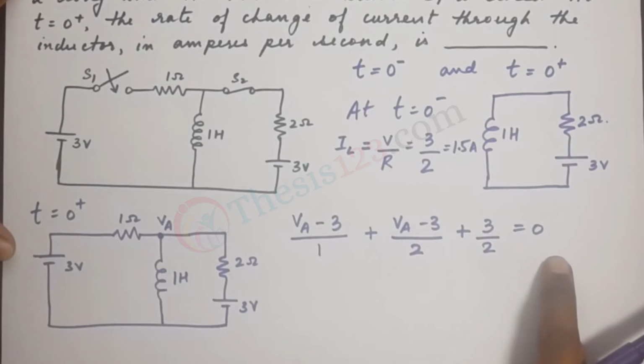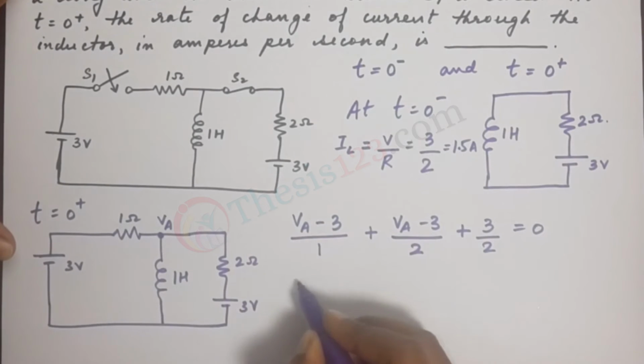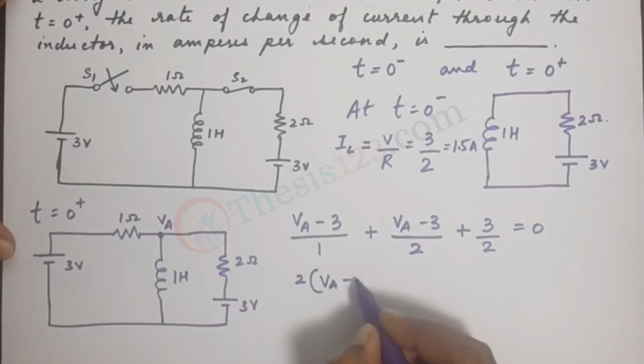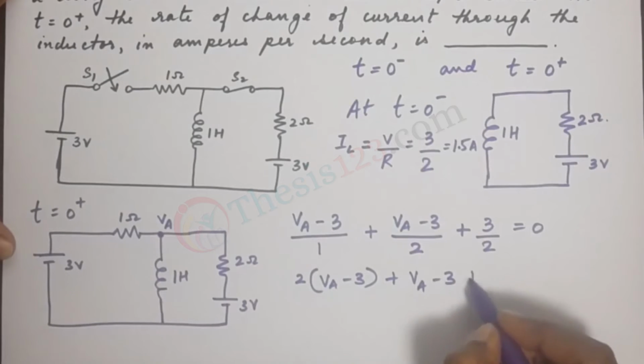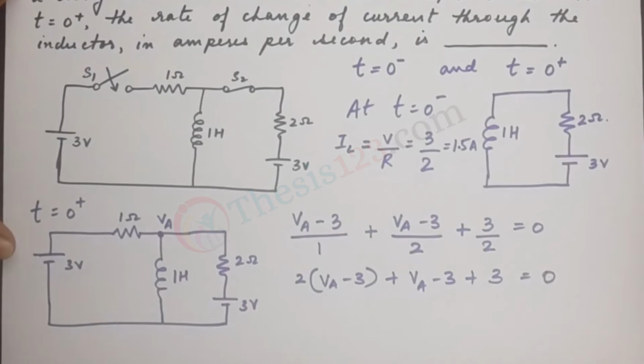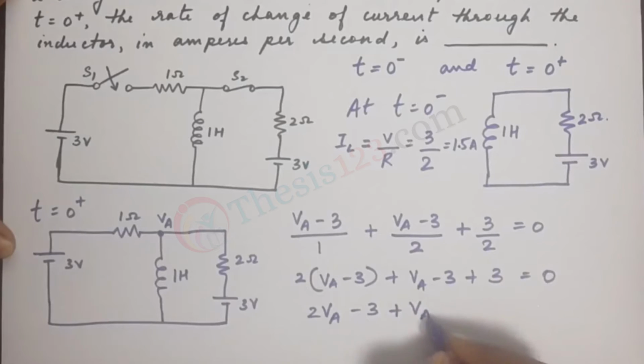We equate the entire equation to 0. Now let's solve for VA. So we can write this as 2 into VA minus 3 plus VA minus 3 plus 3 is equal to 0. Let's expand. That's 2 VA minus 3 plus VA is equal to 0.